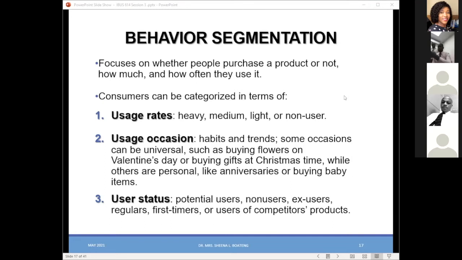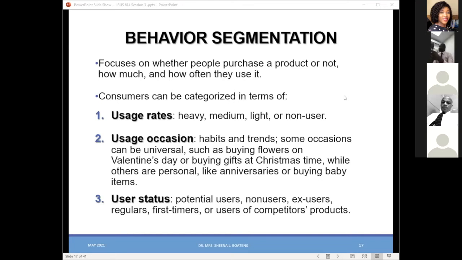We can also talk about user status, right? And this is very important to marketers because it helps us determine a clear gap which we would want to address, to give us a means of entering the market on a good note.